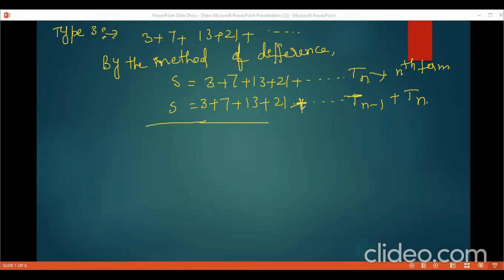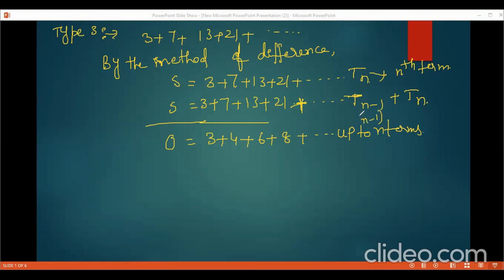So these total things get cancelled, and on subtraction you are getting 0 is equal to 3 plus 4 plus 6 plus 8 plus so on up to n terms. N terms or n minus 1 terms?